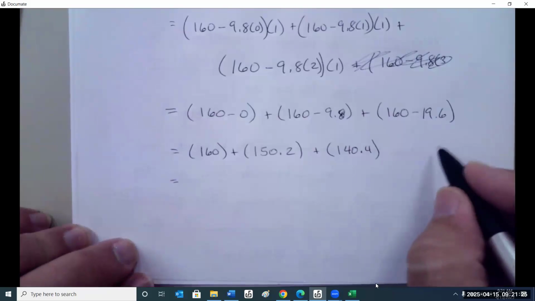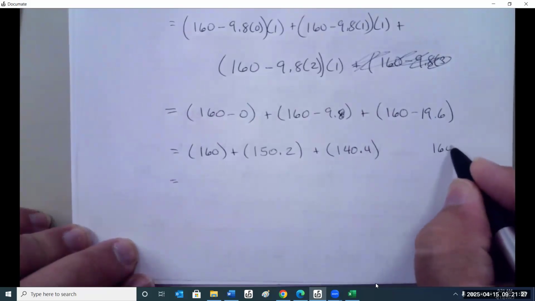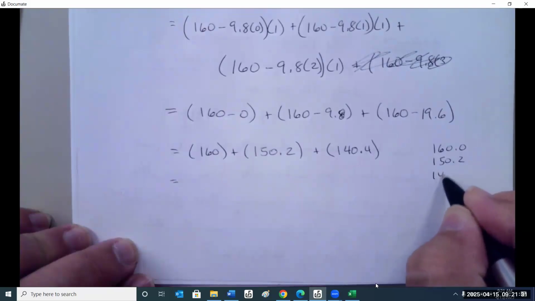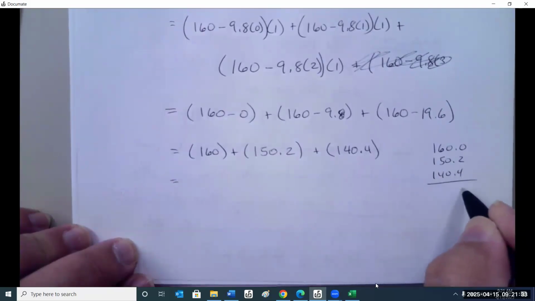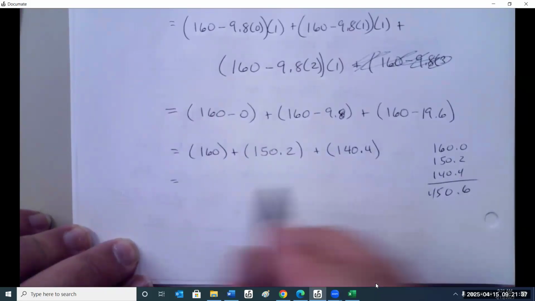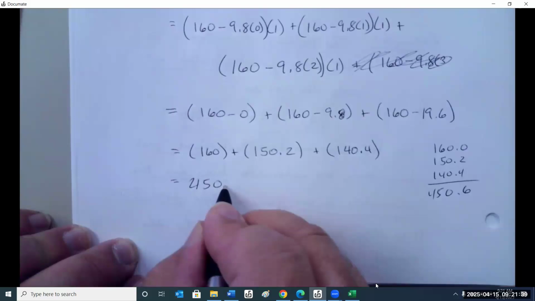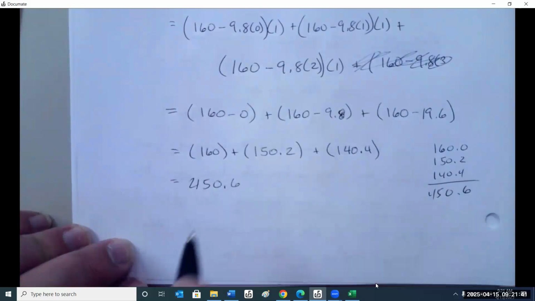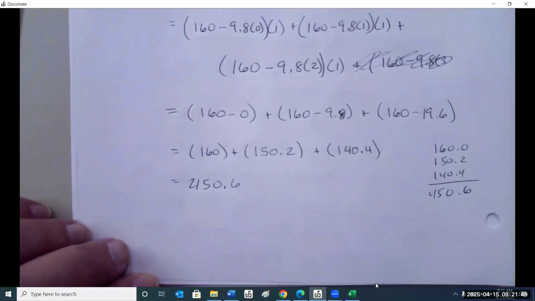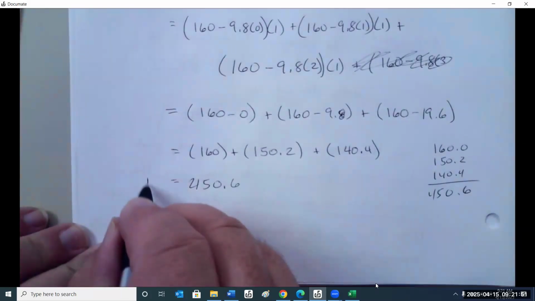Add these up: 160.0, 150.2, 140.4. It's 450.6. So that is our distance traveled.